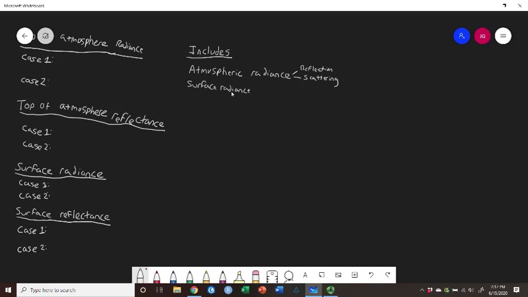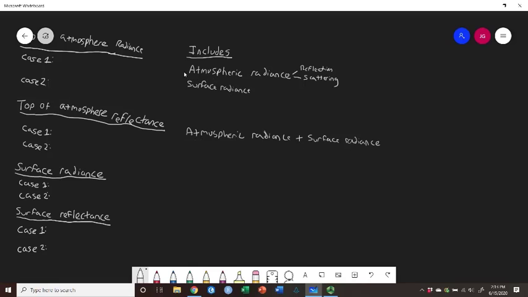So if we're talking about the top of atmosphere reflectance, it's going to include atmospheric radiance, it's also going to include the surface radiance. Right, and this again is the same thing as up here.